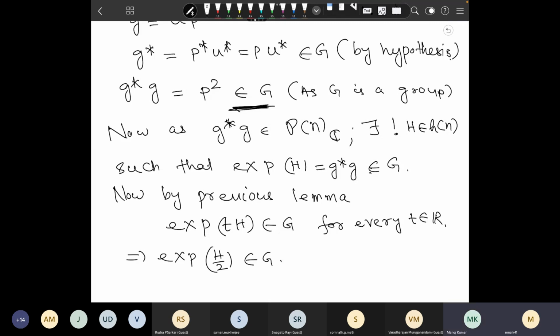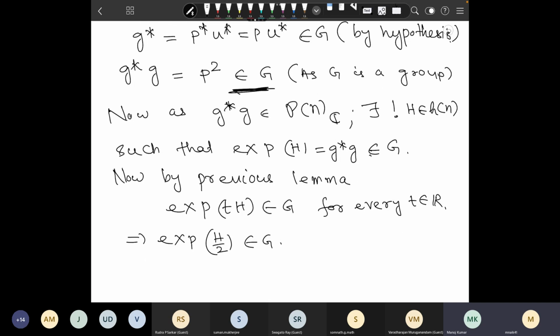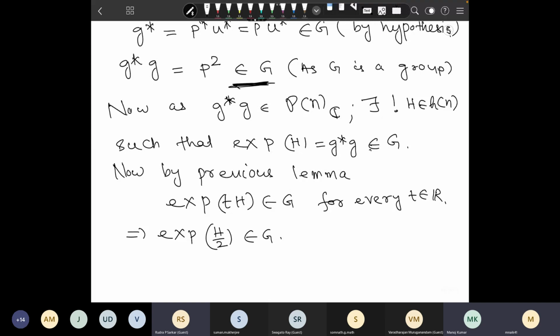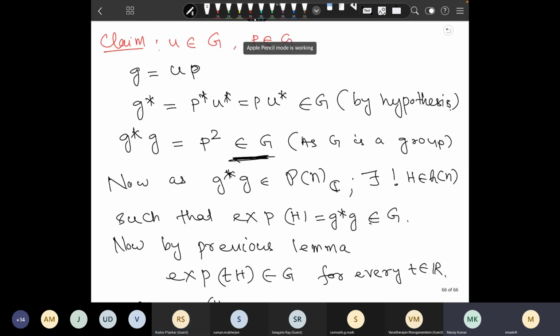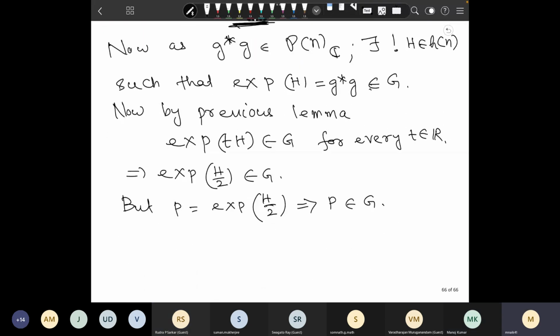But P is the square root of g star g. If you remember the proof, P has to be the exponential of H by 2, because P is the unique positive square root of g star g. This implies P belongs to G. Now, if P belongs to G, then it is obvious that U belongs to G, since we have g equal to UP.